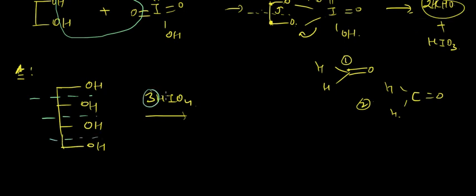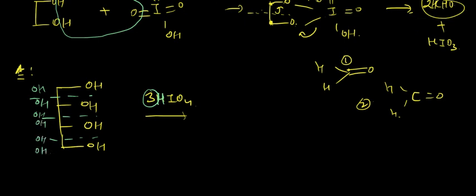We need 3 moles of HIO4. Why? Because we have 4 carbon atoms and 3 bonds between those 4 carbon atoms. Hence we'll need the same number of moles of HIO4 as the number of C-C bonds, which is 3.